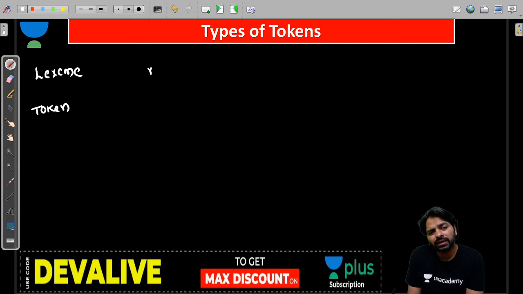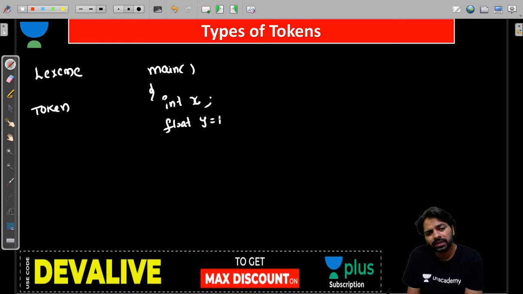When you have a main program, let's say you have int x, float y is equal 10, and you are scanning the program. While you scan each and every character, even if you have a global variable, let's say int a, it scans from the first character of the file.